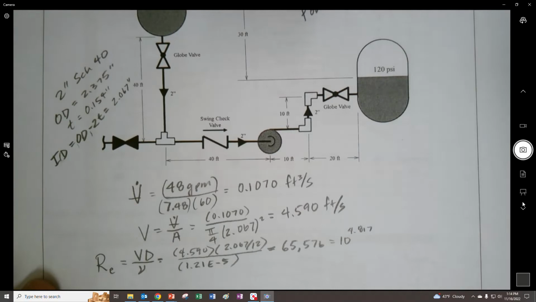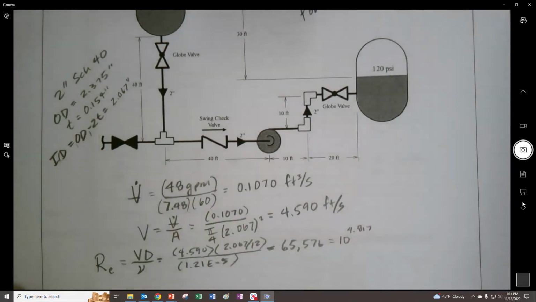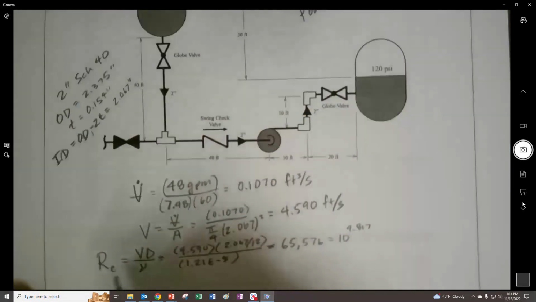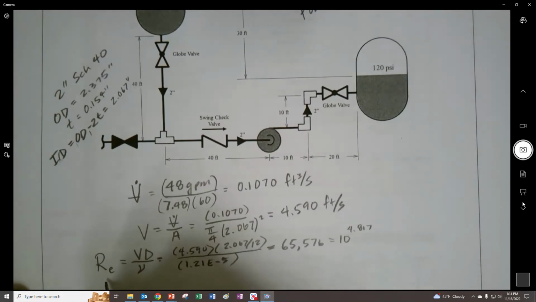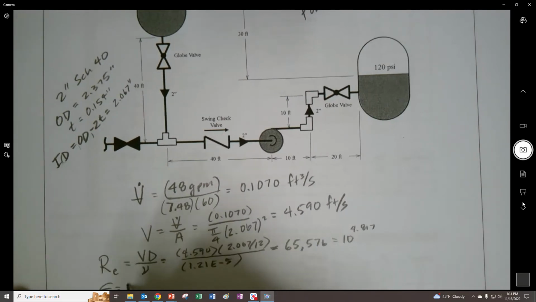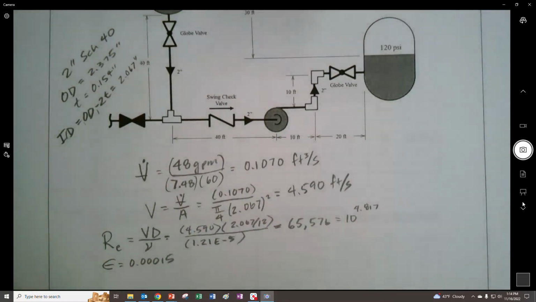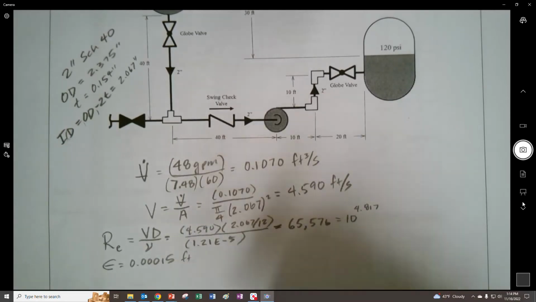And if we go to the Moody diagram, first off, we also need to get the roughness factor. I don't know if I did that over to the side. I should have. I should pick out a roughness. Interesting that I didn't. I think the roughness here, we're going to use a commercial steel pipe, and I think it's 0.0015 feet.